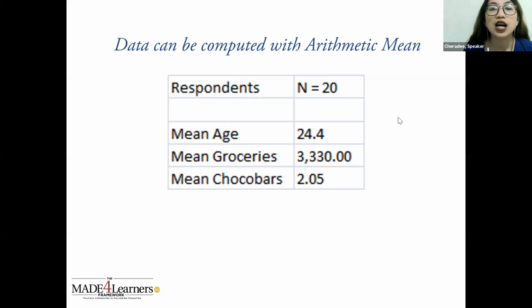Is it Sir or Miss Canilio? Miss Canilio, the very good thing with the arithmetic mean is that even the smallest data is considered in the average. Let's say you have 50 students, and one student got 1 point out of 50.